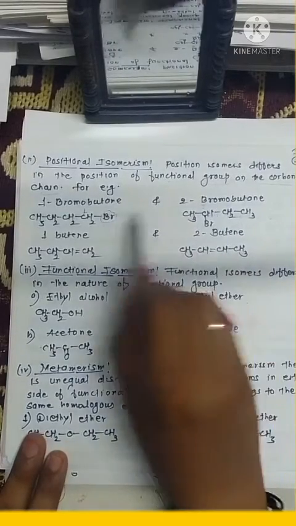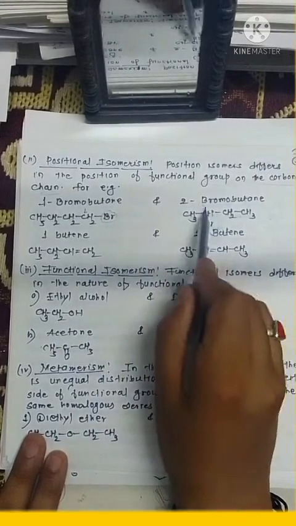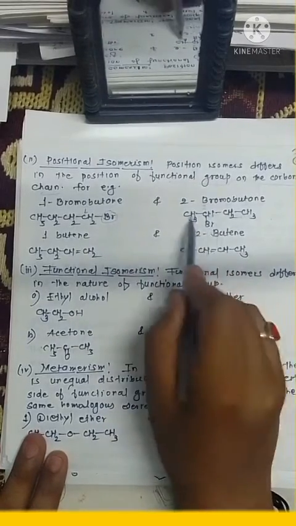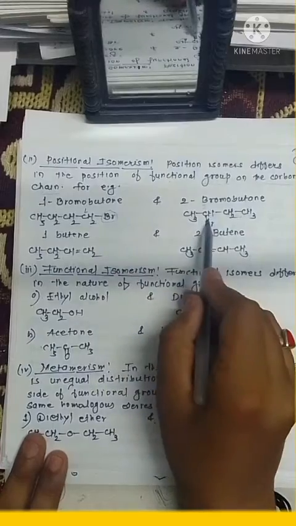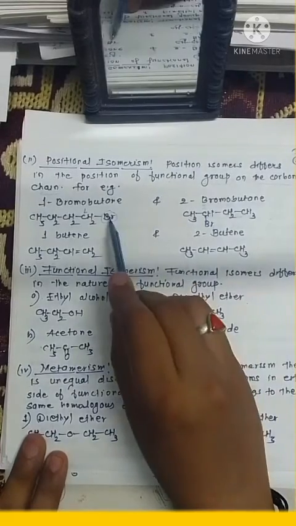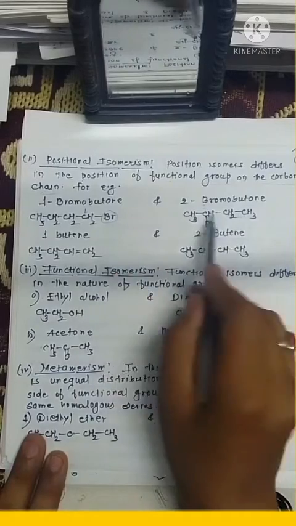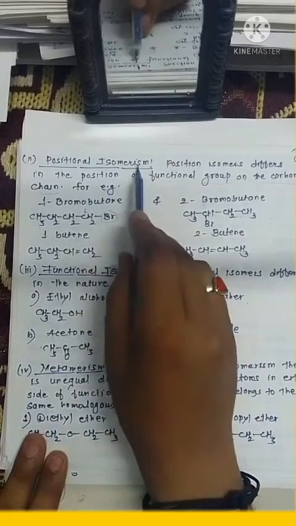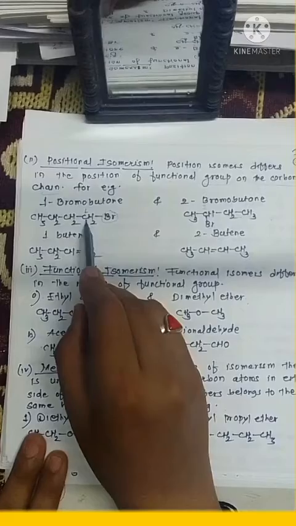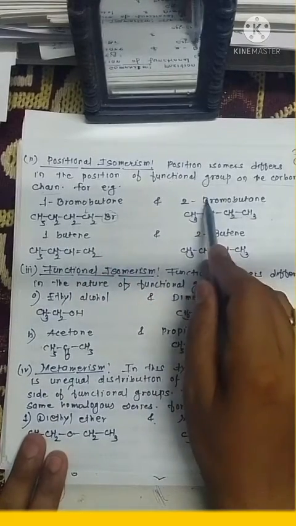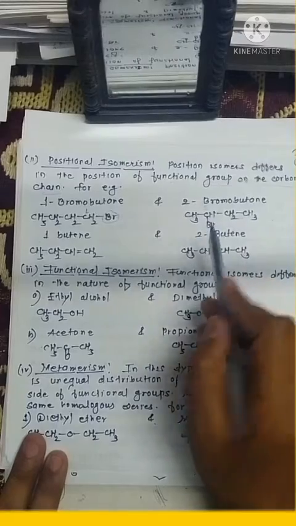They are both isomers of each other, since the position of the functional group, here the halide atom, is different. That's why they are positional isomers.